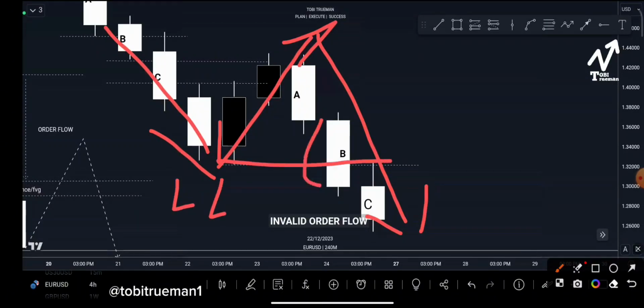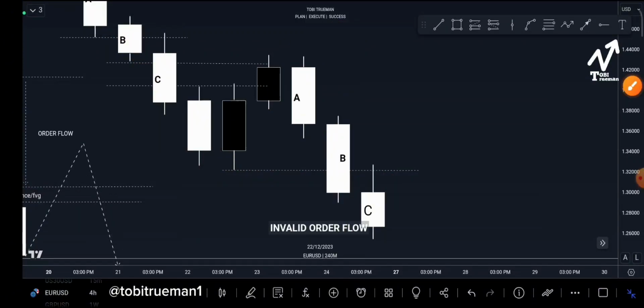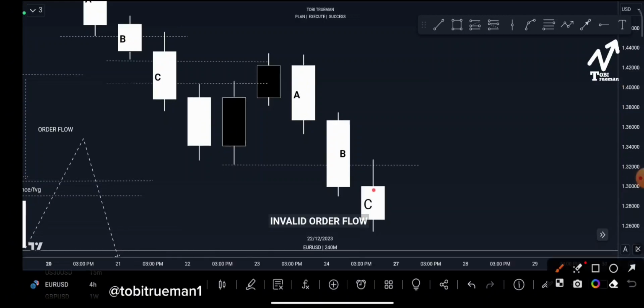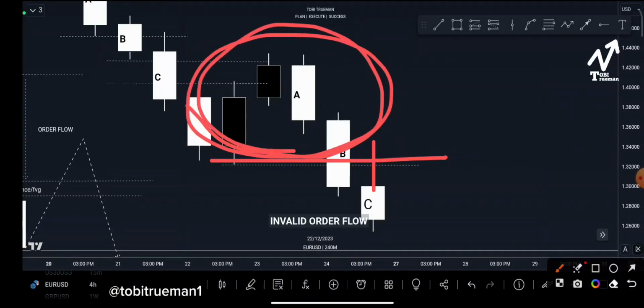This is the candle that broke the lower low, candle B. Then when candle C formed, you can see the wick of candle C already tapped on this zone, on this order flow, meaning that this order flow is no longer valid. You can no longer use this order flow because it has already been mitigated.